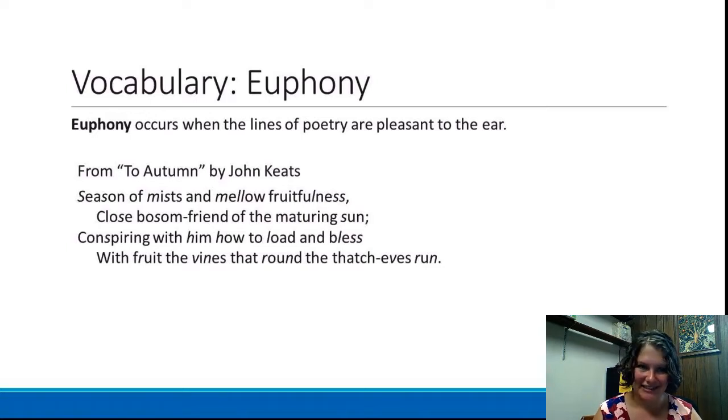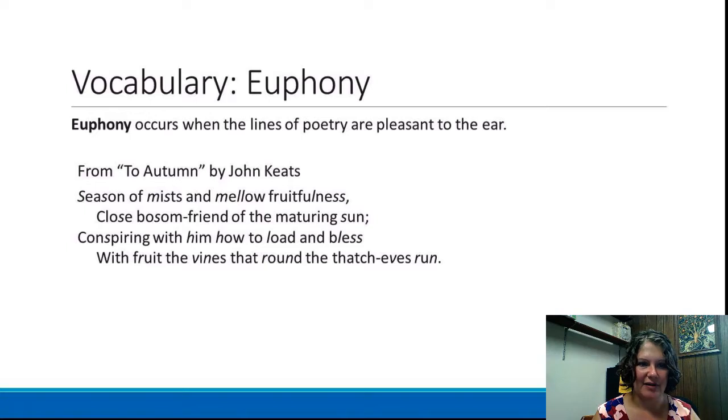As you were listening to it, you may have picked up on some repetition of sounds. In the first line, we have repetitions of that S sound, and we have the repetition of the M sound, as well as some repetition of L sounds. So there's a lot of repetition that holds that line together. In that second line, we have the repetition of the S sound again.